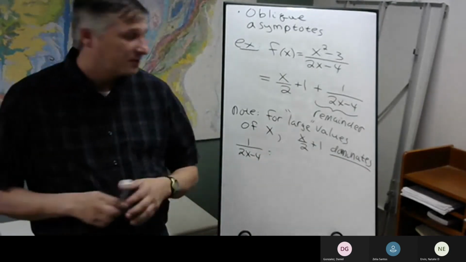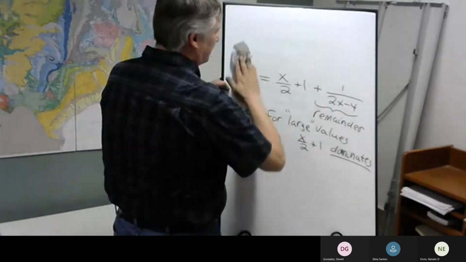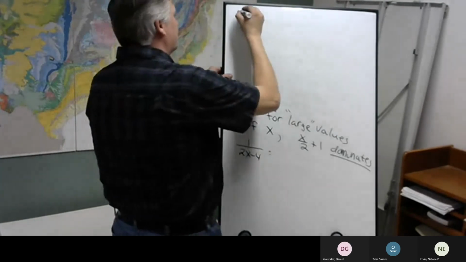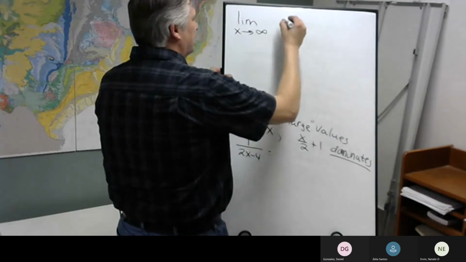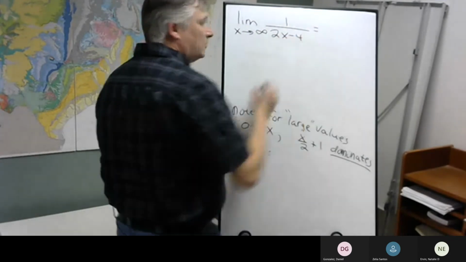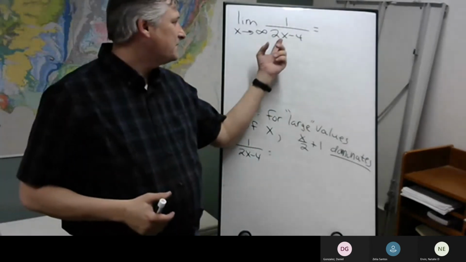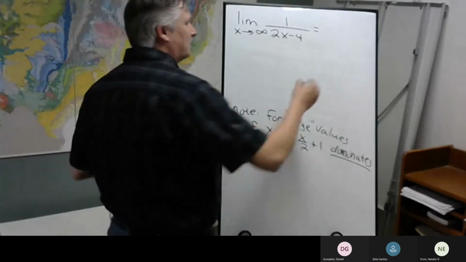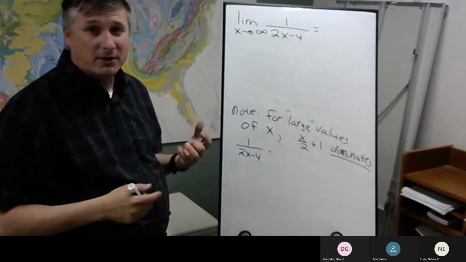So how do we illustrate this? Well, with calculus, we'll take the limit as x goes to infinity of 1 over 2x minus 4. And this whole thing here is just going to get bigger and bigger. This is sort of a version of the canonical function 1 over x.